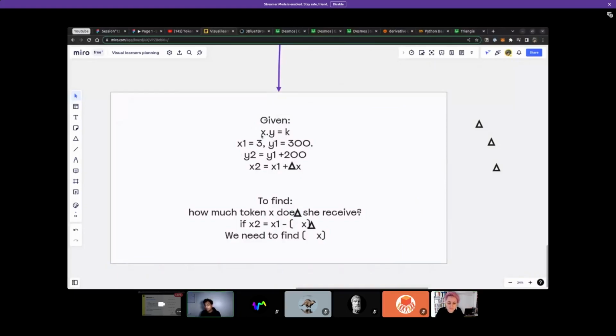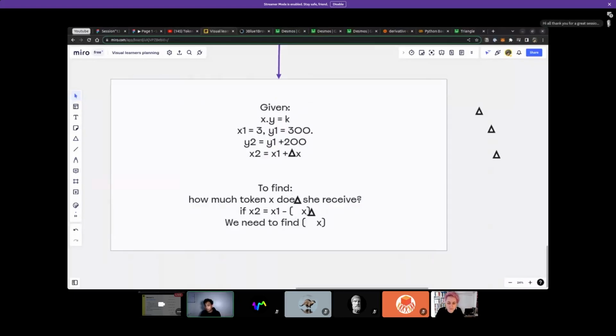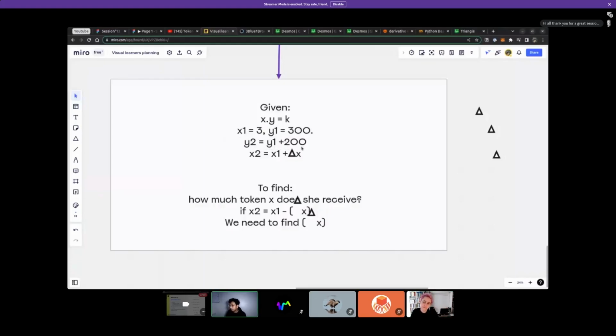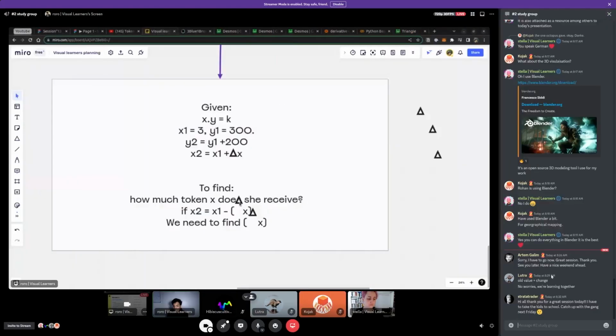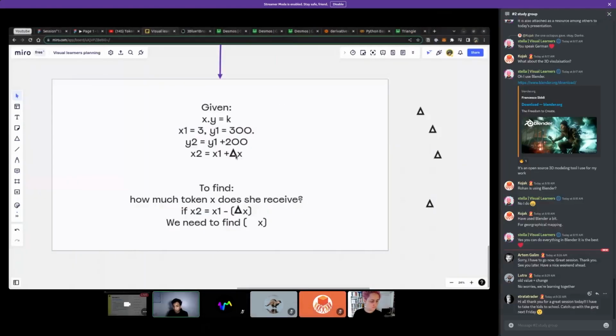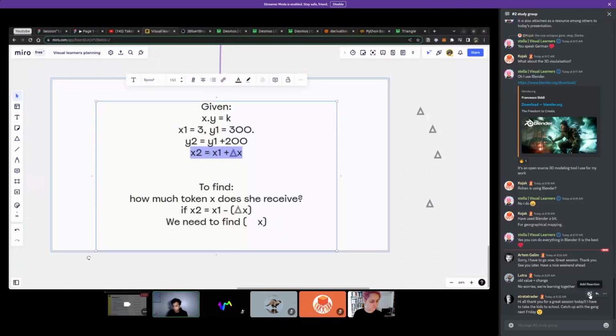What is given to us: x times y is equal to k, x1 was 3, y1 was 300, y2 is y1 plus 200. And another piece of information we have is x2 is x1 plus delta x, or x1 minus delta x, whatever we want to define; both work. I can cancel this. I've defined it down.